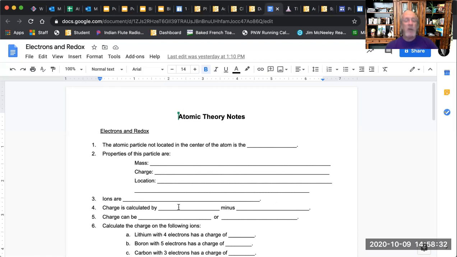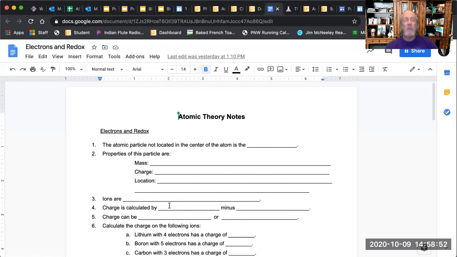If oxygen had 8 protons and 10 electrons, then it would be 8 minus 10, or a charge of -2. Both those examples are ions because they have a charge, +1 or -2, okay?